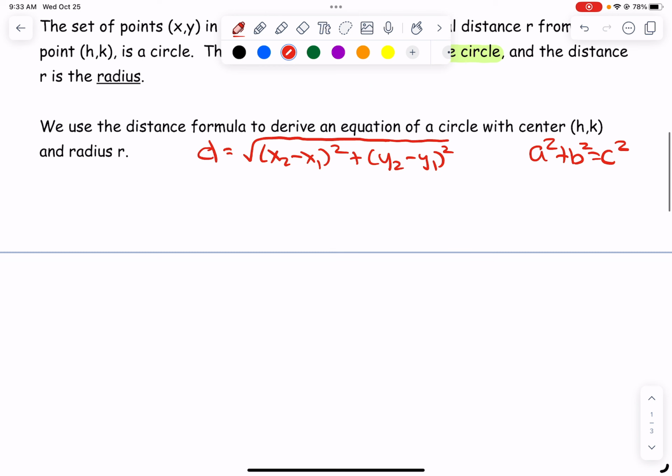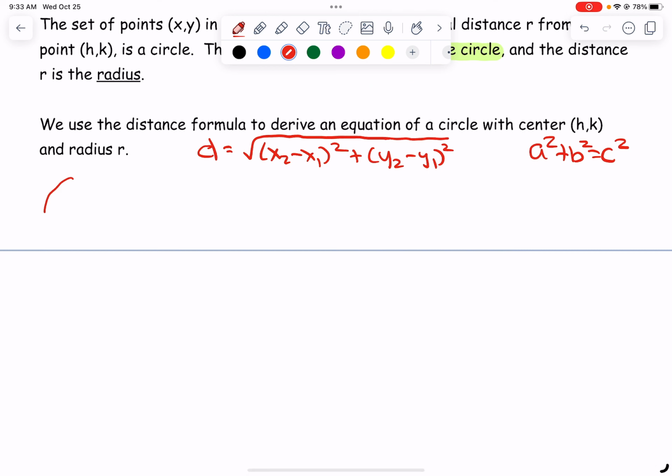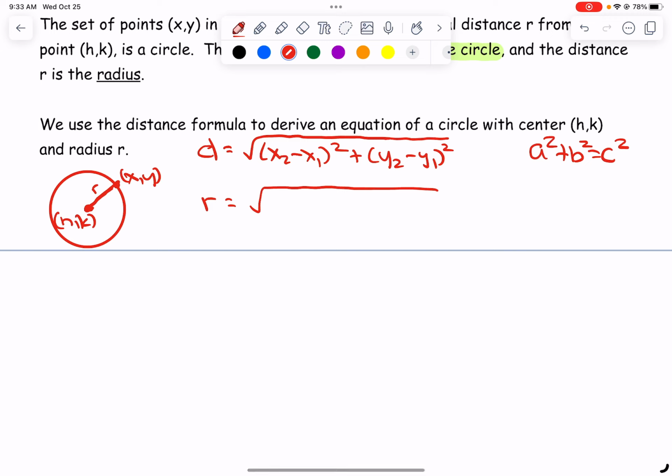So for us, this distance that we're talking about, because we're talking about a circle that has that fixed center point someplace at (h, k), and every one of the points on the circle would be the x and the y. And that distance, well, we don't call it distance, we call it radius. So the radius would equal the square root. Instead of x2, I'm going to replace that with just x. The center coordinate is h.